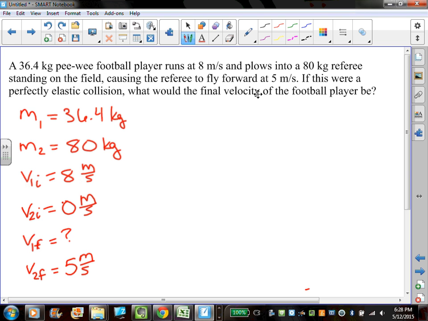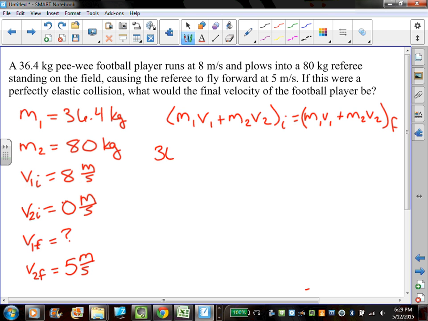Let's see, we are going to use m1 v1 plus m2 v2 at the start is equal to m1 v1 plus m2 v2 at the end. Let's fill in what we know.